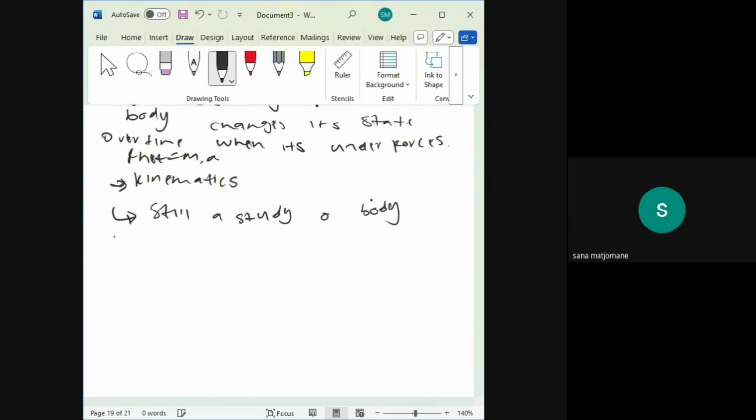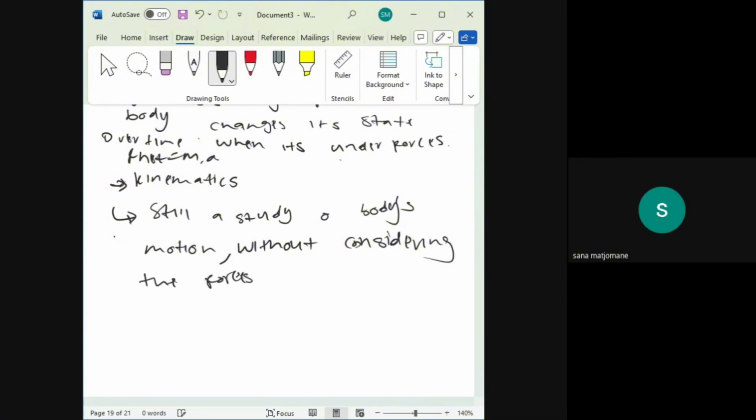But this time, remember, guys, in dynamics I said when it's subjected to certain forces. Here we study the body's motion without considering the forces that are acting on it. For now we are not going to talk about considering the forces acting on it.